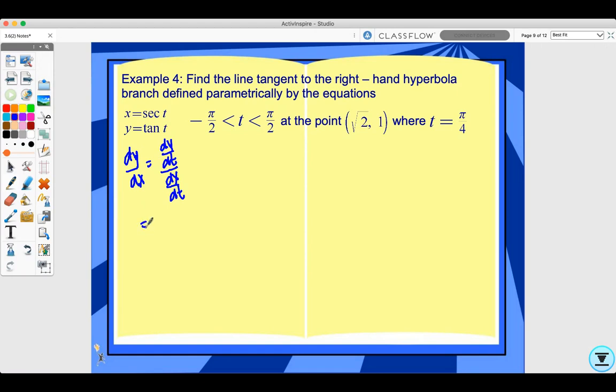So this would just be the derivative of y, so the derivative of tangent t would be secant squared t, divided by the derivative of secant t, which would be secant t tangent t. Then when I simplify this, my secants can cancel out, and I'd have secant t over tangent t.